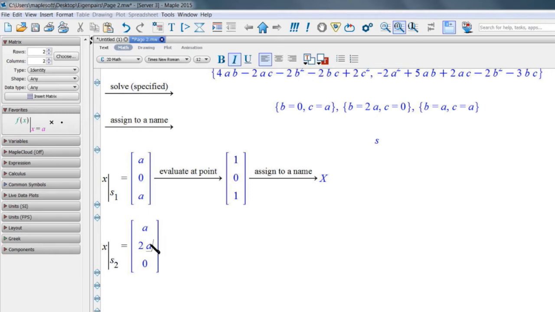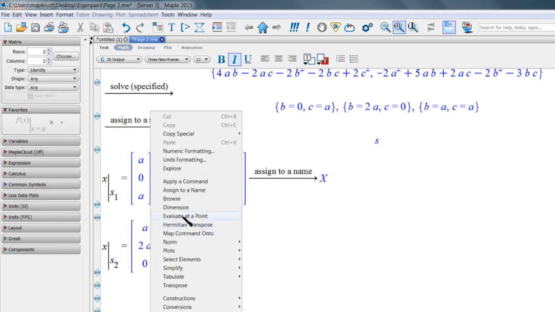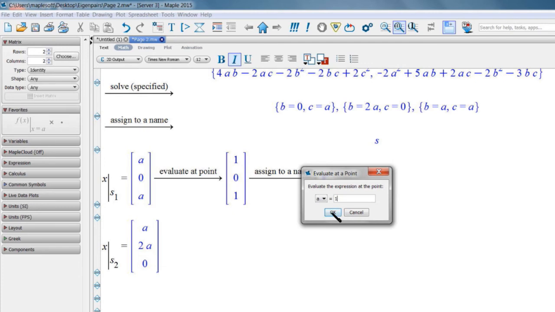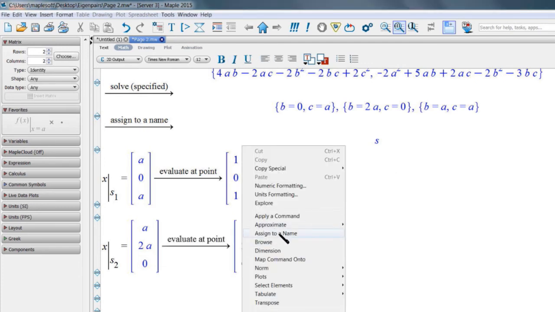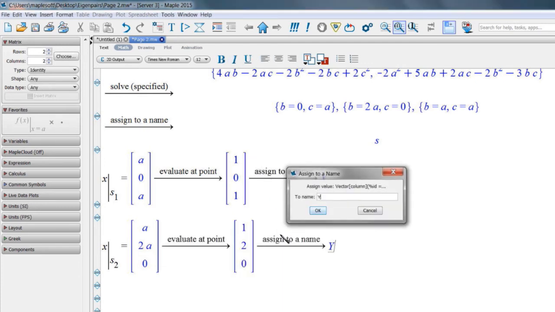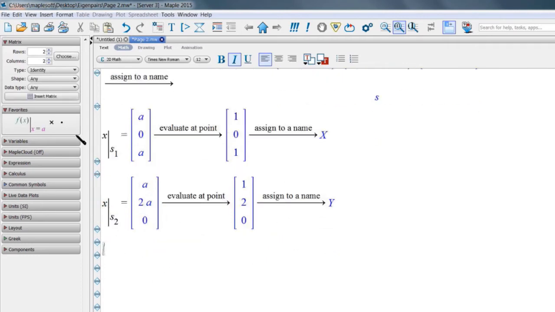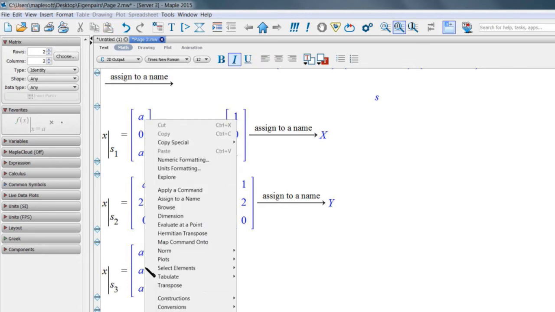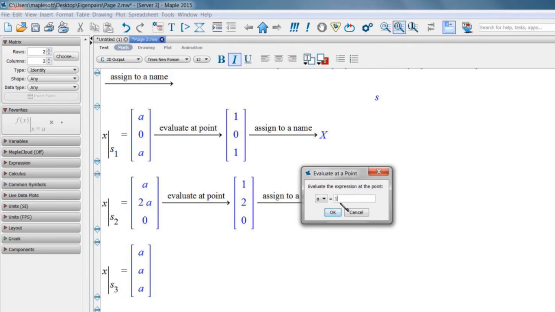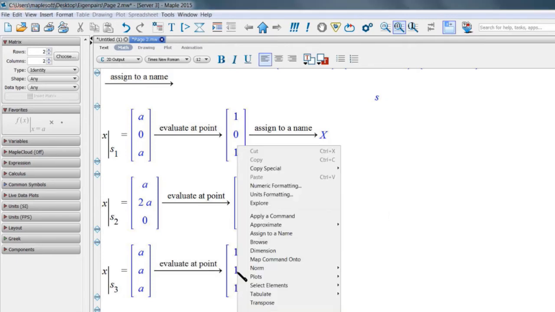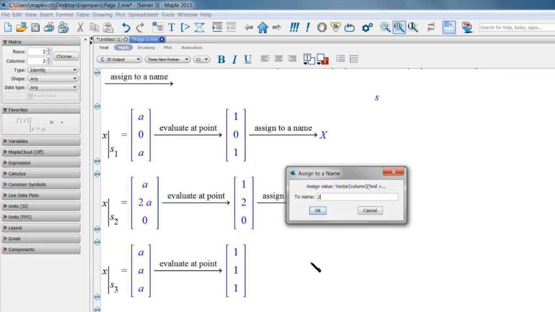A again, let's make that again 1. And call this vector Y. And finally, one more time, x, the third one, A, let's make A 1, and call this Z. Assigned to a name Z.